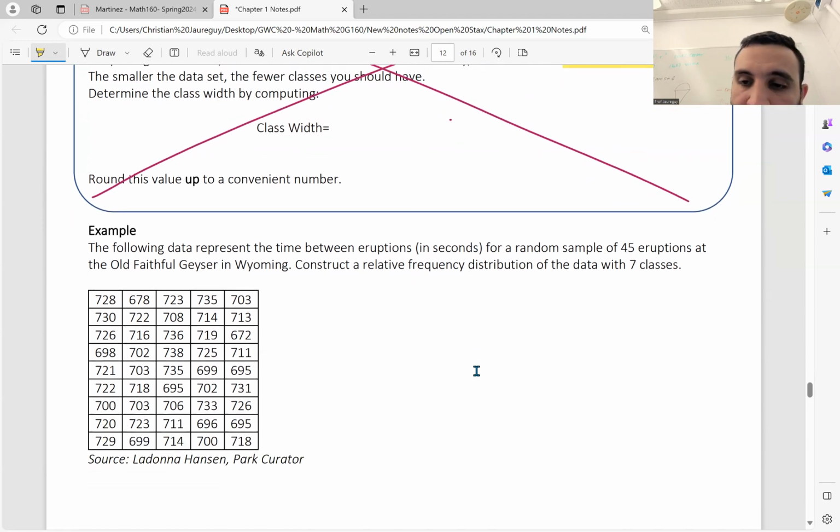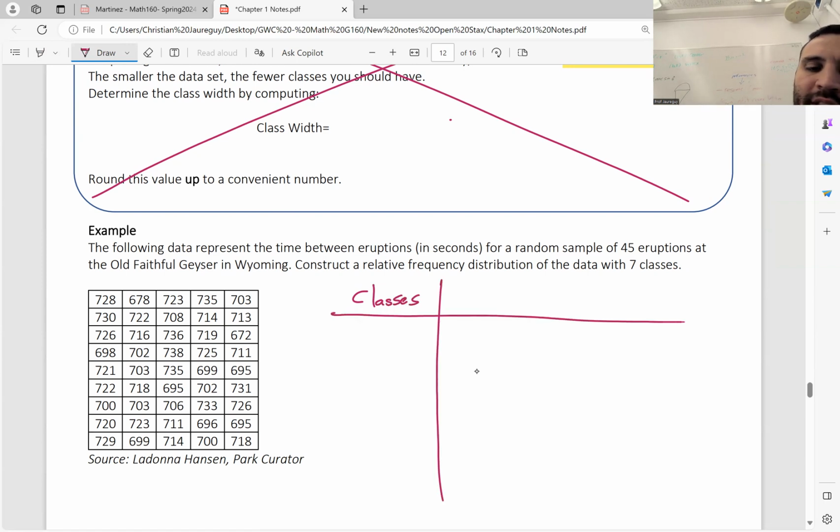So if I were to look at this, and we're not going to actually do this problem, but if I were to create the classes real quick. If I wanted 7 classes, I want to first identify what is my lowest and highest number.